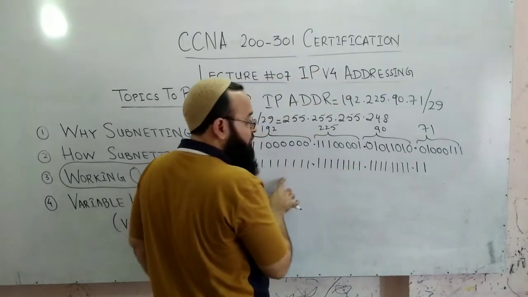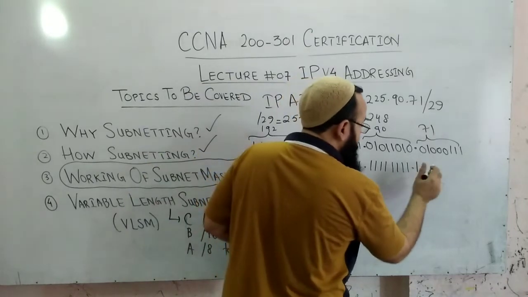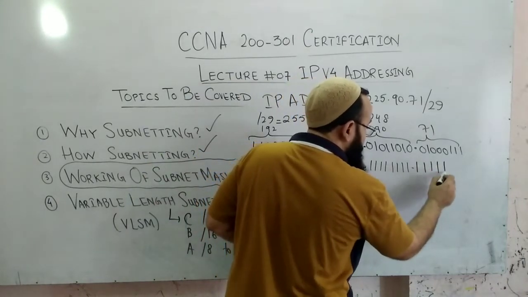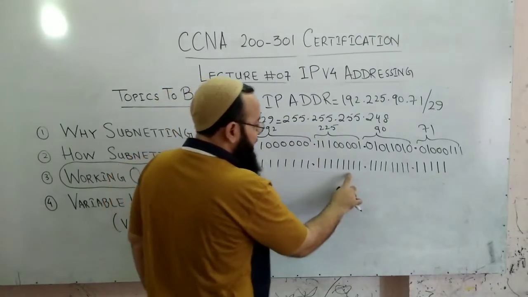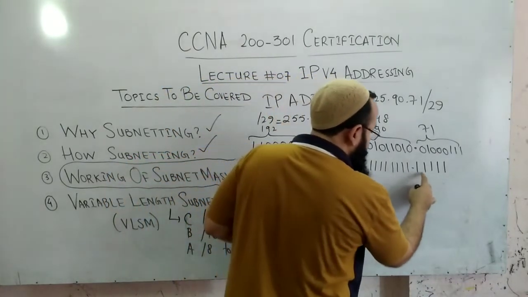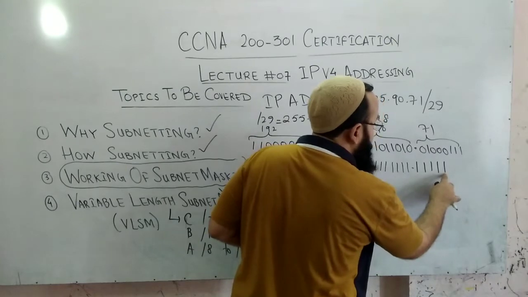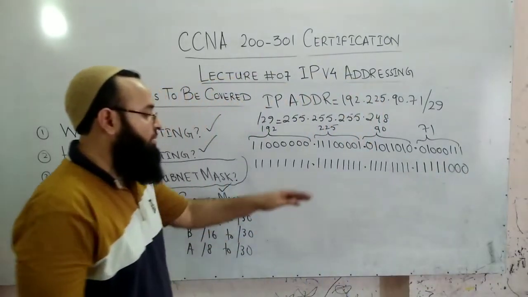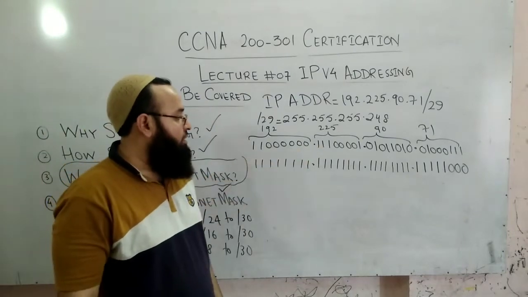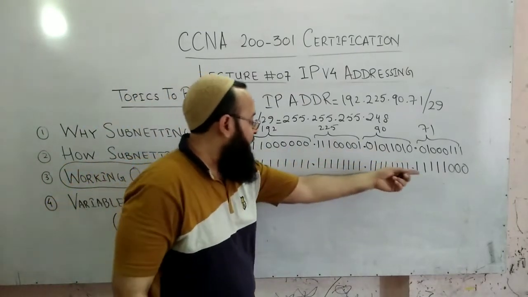These are total 24, 25, 26, 27, 28, 29 bits. 8 and 8, 16, and then 24, 25, 26, 27, 28, 29, 30, 31, 32. This is basically the subnet mask. This is the IP address and this is the subnet mask.